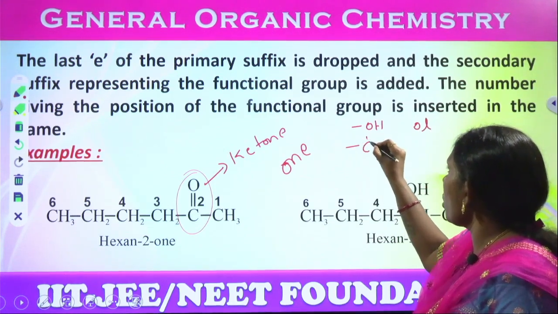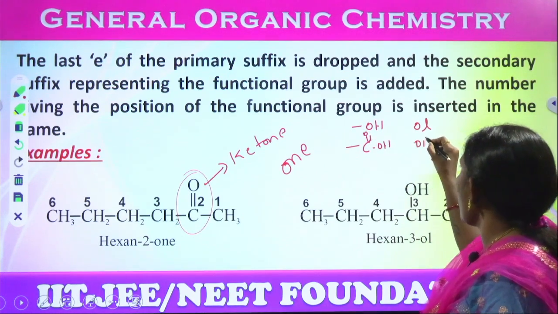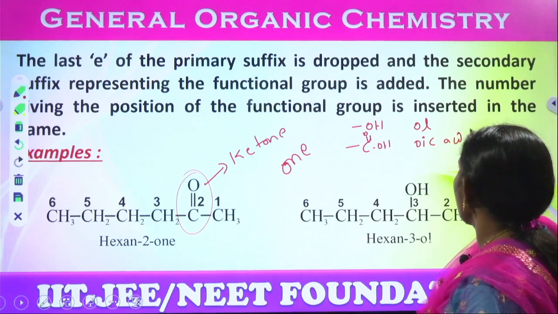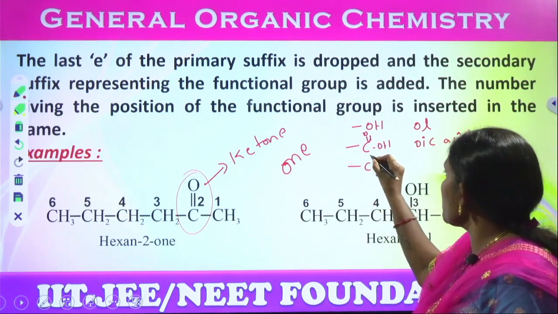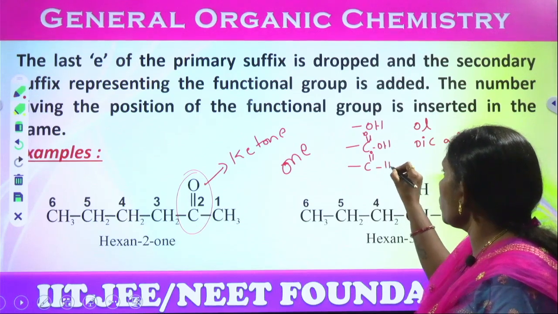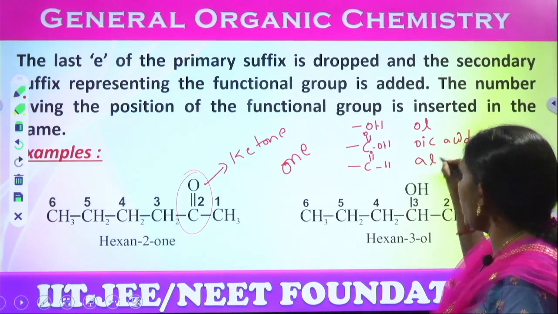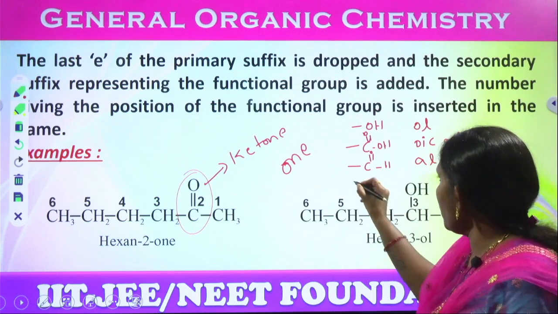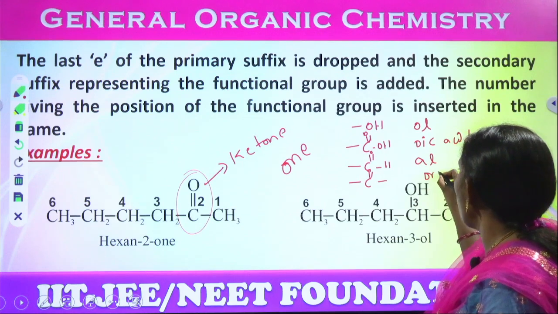If the carboxylic group, COOH, is present, oic acid is the suffix. If the aldehyde group, CHO, is present, then the suffix is al. If the keto group, C double bond O, is present, it is one.